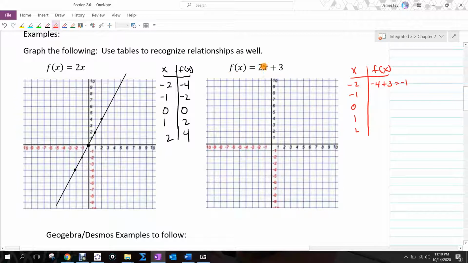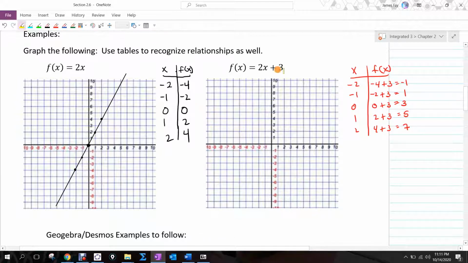If I plug -1 in, I'm going to get -2 plus 3, which equals +1. Plug 0 in, I'm going to get 0 plus 3, which is equal to 3. If I plug in 1, I'm going to get 2 plus 3, which equals 5. If I plug in 2, I get 4 plus 3, which equals 7.